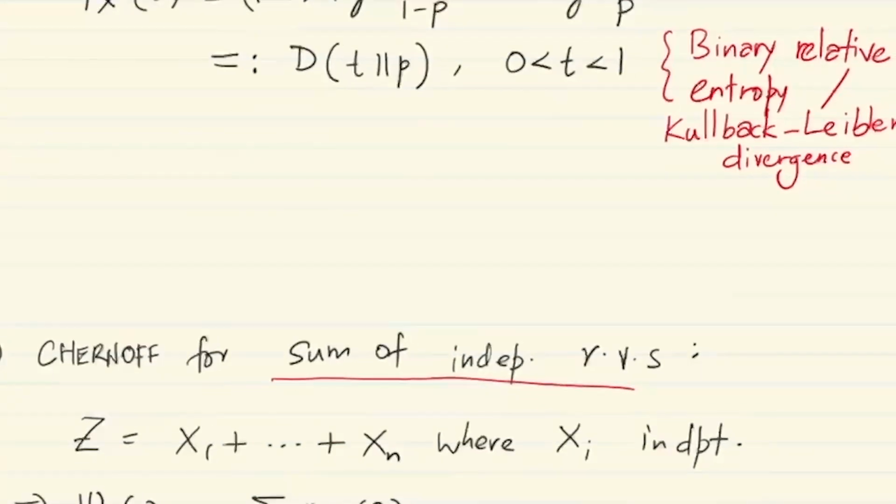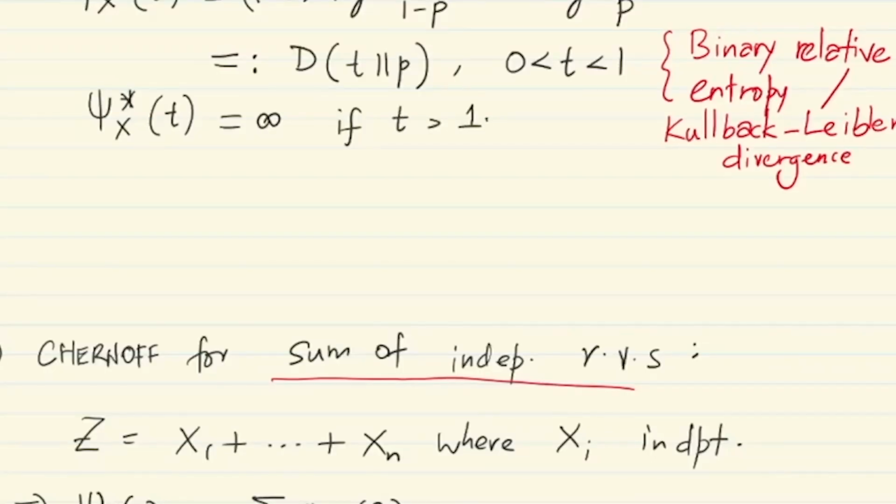By the way, if t is larger than 1, then it's easy to show that Cx star of t is equal to infinity.